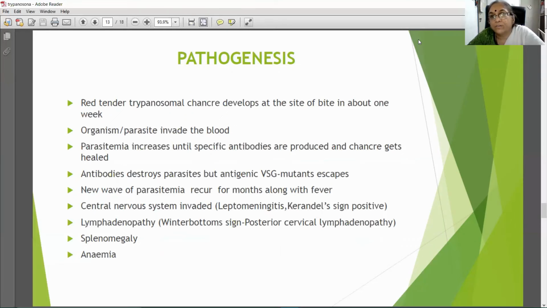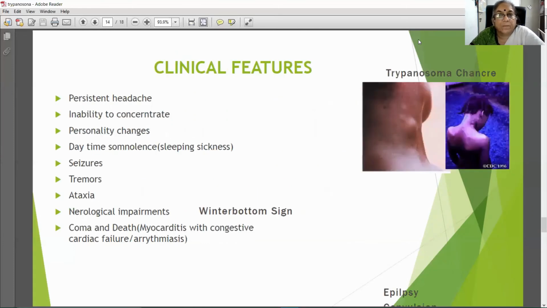Splenomegaly, because the parasites that are killed, as well as the parasites that are destroyed, go to the spleen, therefore there is splenomegaly developing. The RBCs that are destroyed, therefore anemia develops in that person. So, as I told you, trypanosoma, that chancre, you can see here.